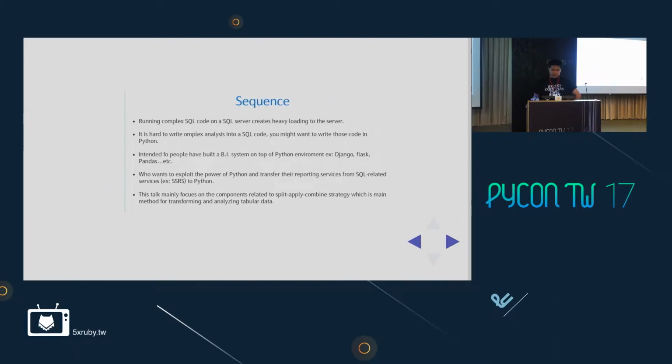Okay, and today I want to share this talk based on some of my work experience. In major, large companies, the older reporting systems are all based on SQL, and sometimes you have to do data transformation and data analysis, and they are all written in SQL code, and it's very hard to maintain.